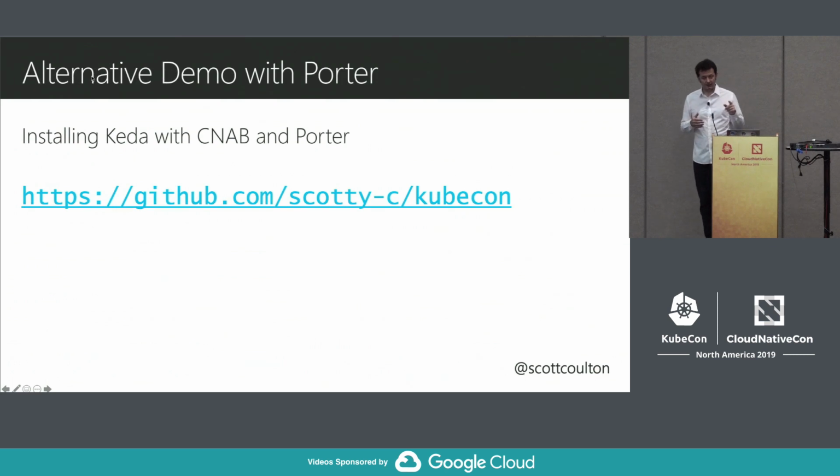One of them is Docker App, so Docker implements CNAB for Docker apps. The other implementation, by Microsoft, is called Porter. And Scott has created a bundle with all the containers involved in that demo, like installing KEDA, installing RabbitMQ, the producer, the consumer, all wrapped together inside of a CNAB bundle, and there are some instructions there for how to do that.